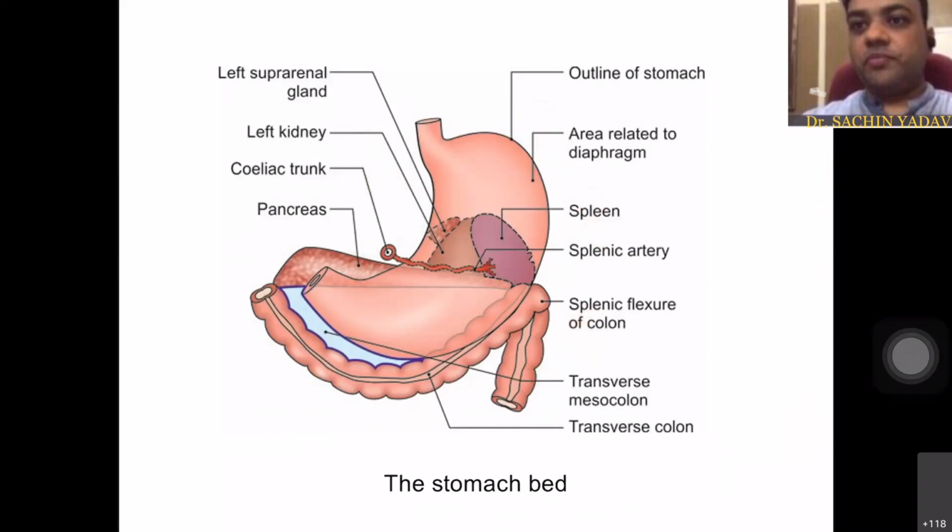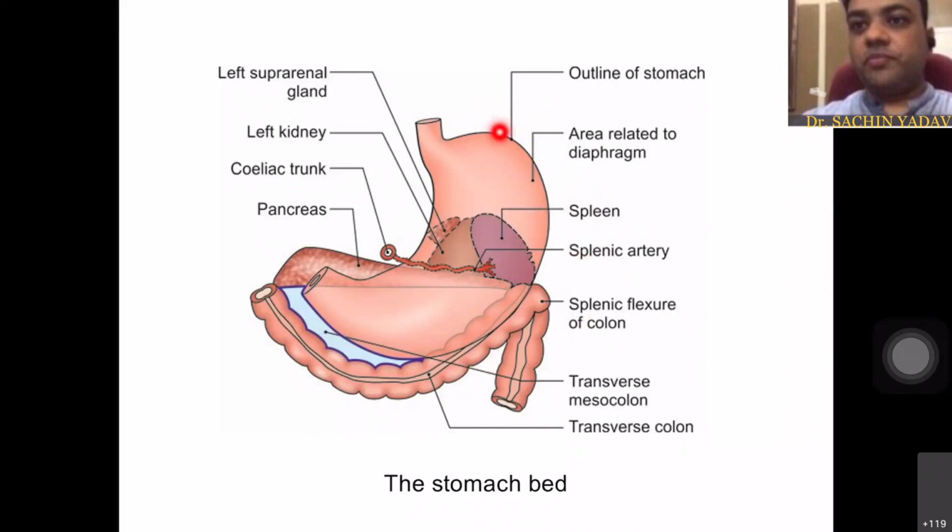You know that the greater omentum is also known as the policeman of the abdomen, because whenever there is an infection or inflammation in any part of the abdomen, it extends and grows to cover that area, so that it does not spread to other parts of the peritoneal cavity.